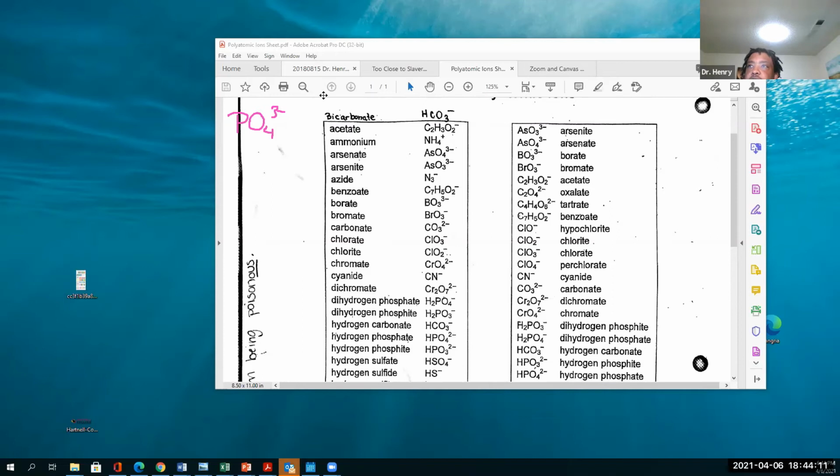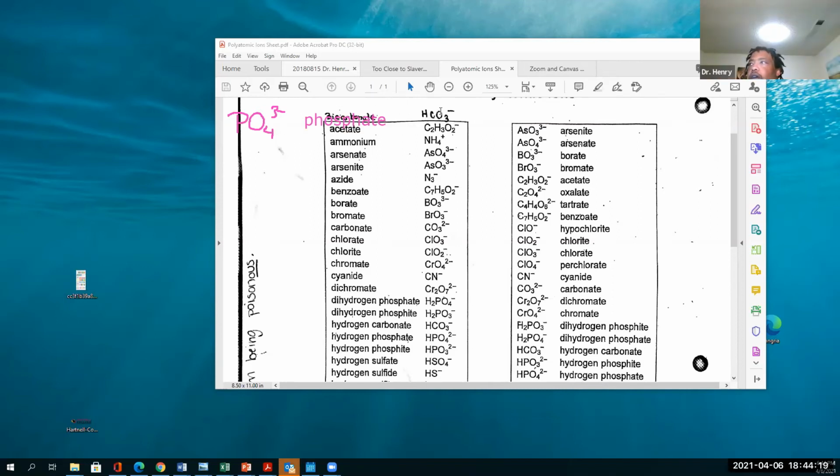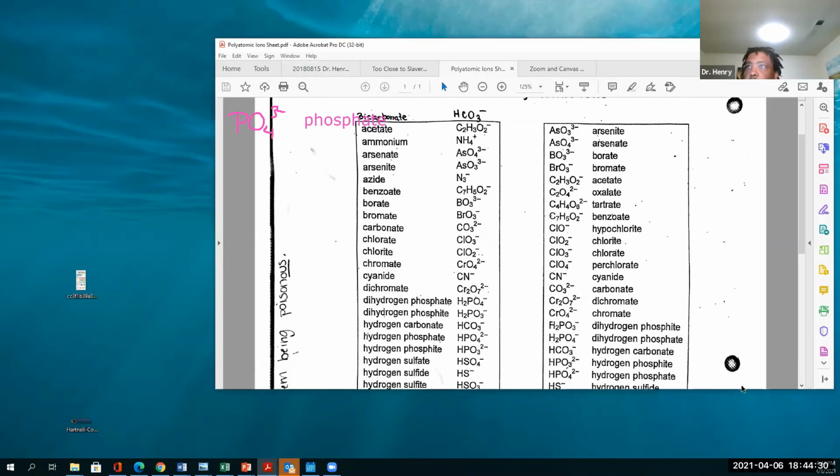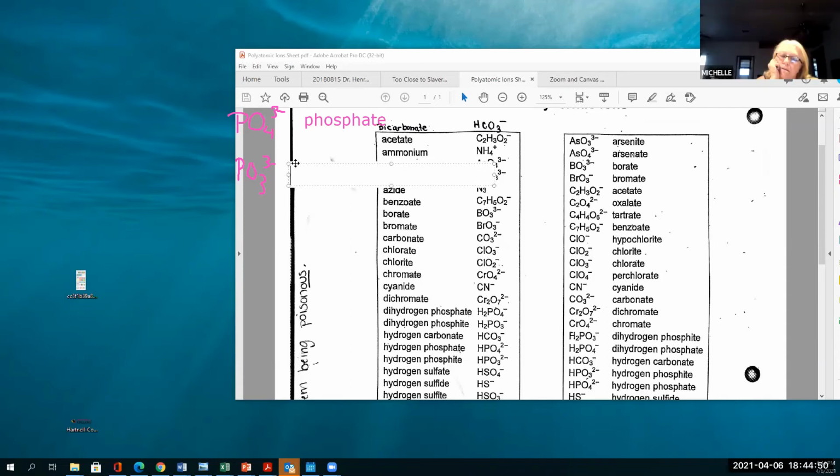Okay, so this is called phosphate. Now PO3 3 minus is called phosphite.